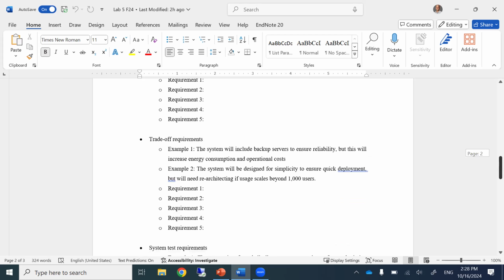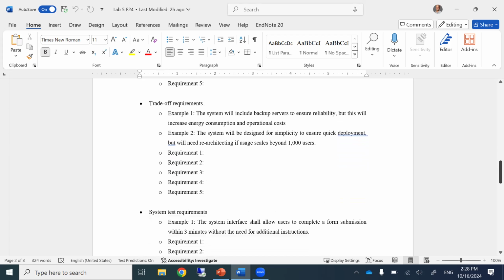This one is a group that is a little bit more difficult, because we are looking at trade-offs. The system will include backup servers to ensure reliability, but this will increase energy consumption and operational costs. The system will be designed for simplicity to ensure quick deployment.